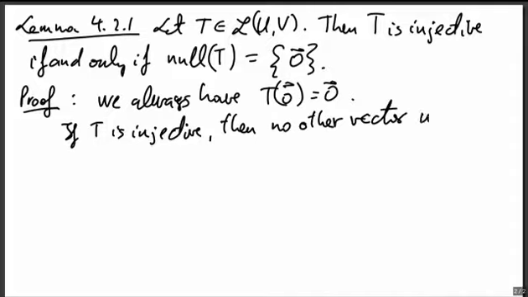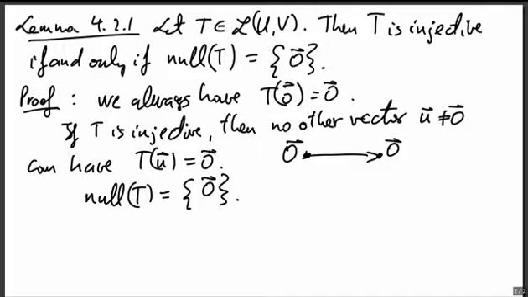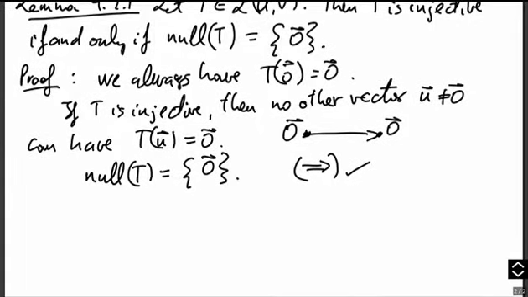No other vector u different from 0 can have Tu equals 0. Since injectivity also holds for the 0 vector, only 0 can go to 0 and no other vector. That means only 0 is in the null space. So the null space equals the 0 vector. This proves one direction, that if T is injective, then the null space is the 0 vector set.